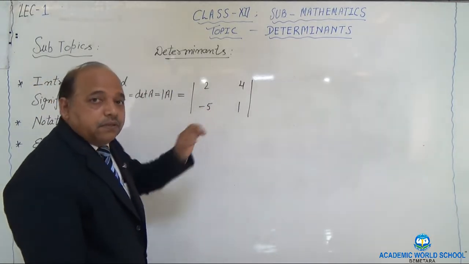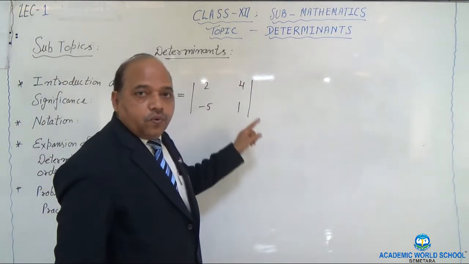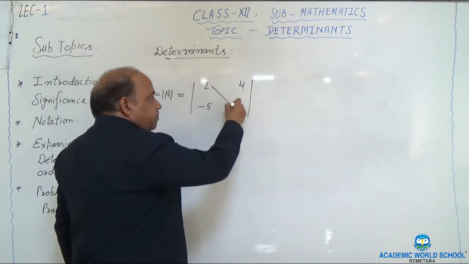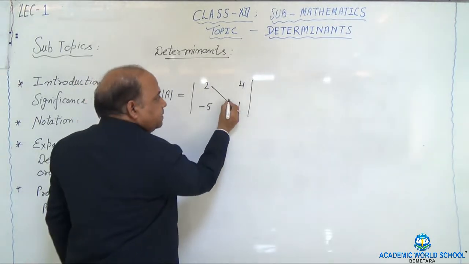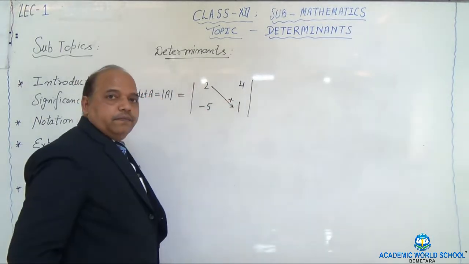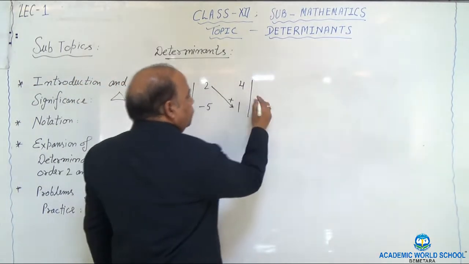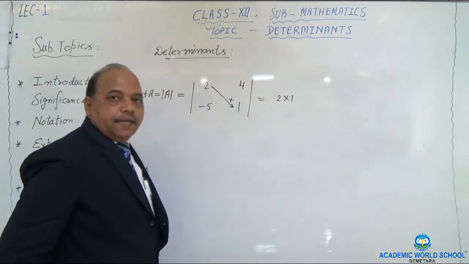How to find it? The rule is the same. In a 2 cross 2 determinant, when you are moving from top to bottom, from left to right, its sign is always taken positive. Clear? So you can write 2 into 1. No sign means plus sign.